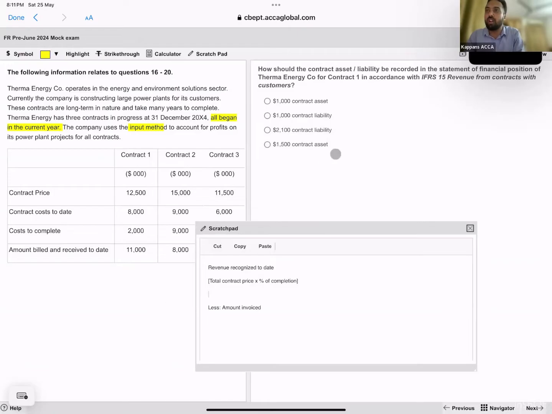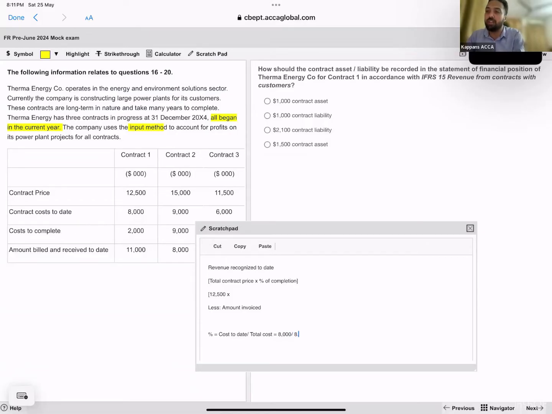How much is the total contract price of contract 1? Contract price is given, 12,500, multiplied by percentage of completion. Now, percentage of completion is not given. As per the input method, it is cost to date divided by total cost. How much is the cost to date of contract 1? It is given, contract cost to date is 8,000, divided by total cost. Total cost is not given, but we have learned that total cost is cost to date plus cost to complete.